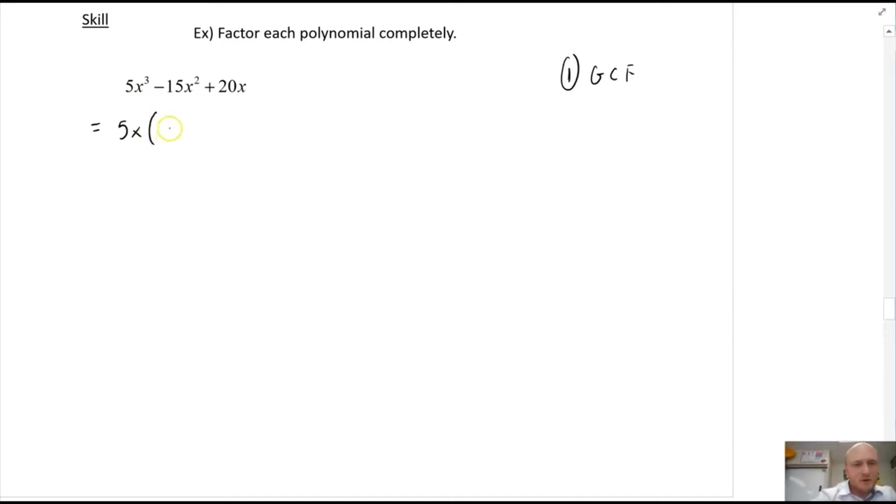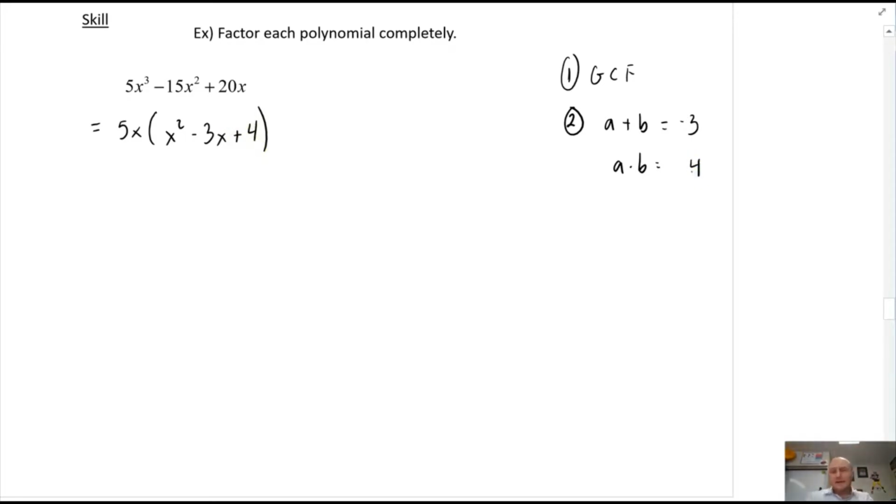And what's left over is x squared minus 3x plus 4. Okay, so that is step 1. Step 2 is, okay, what are two terms that add up to give us our middle term, which is -3, and multiply to give us our last term here, which is 4?